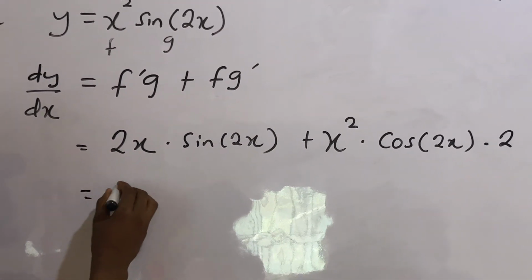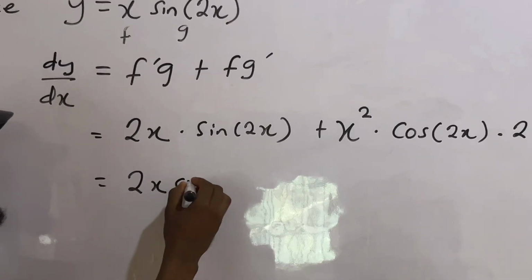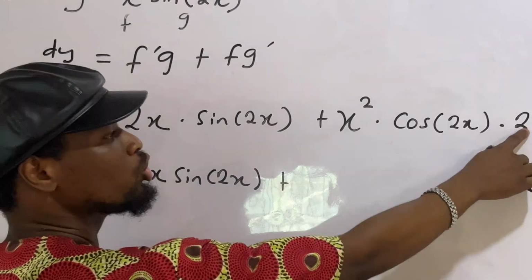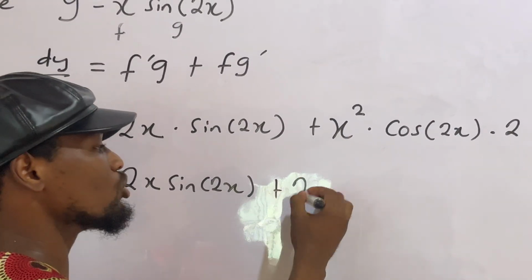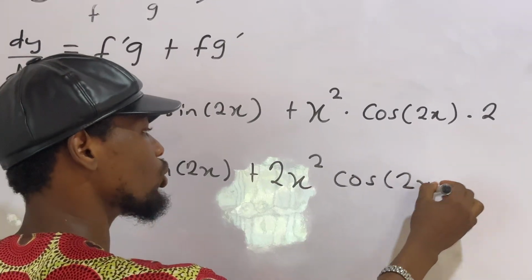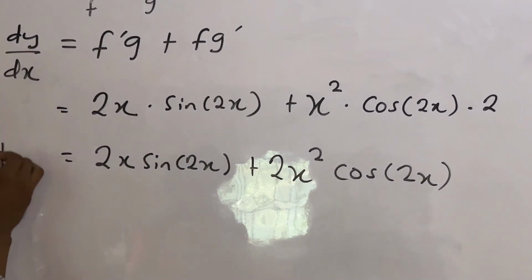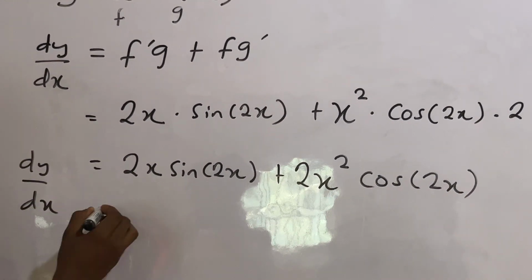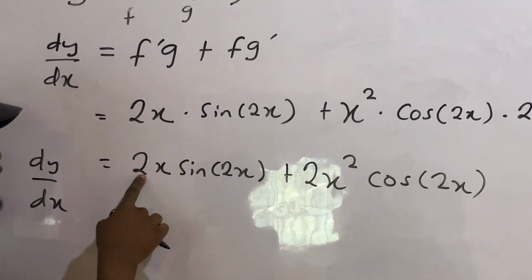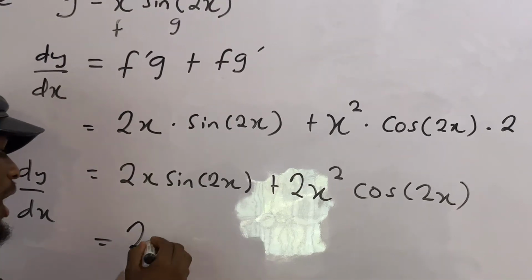So I have 2x sine 2x, then plus 2 times x squared, which is 2x squared cos 2x. As simple as that. You can decide to end here or you can factorize. I have 2x here and 2x here, so I take out my 2x.